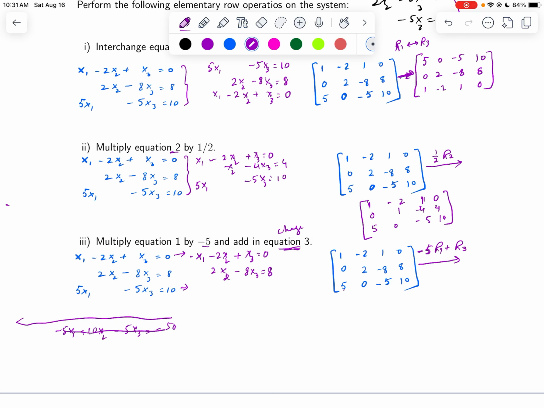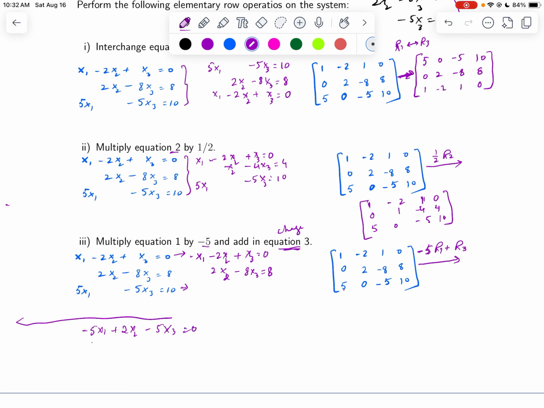Sorry, I multiplied the wrong row. Okay, we do it again. First row, we have to multiply the first row by -5. So -5x1 plus 2x2 minus 5x3 equals 0.